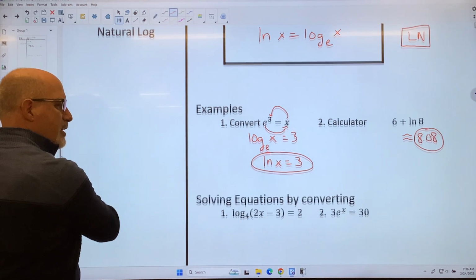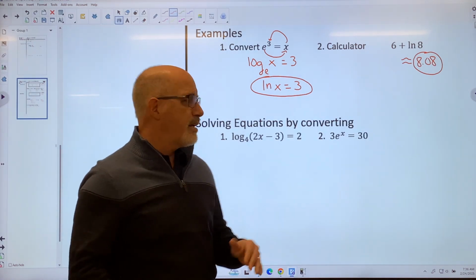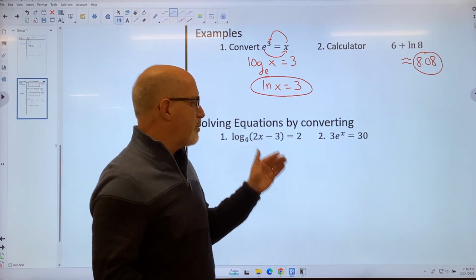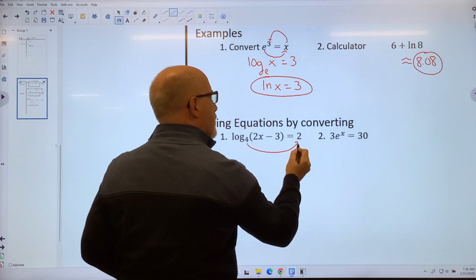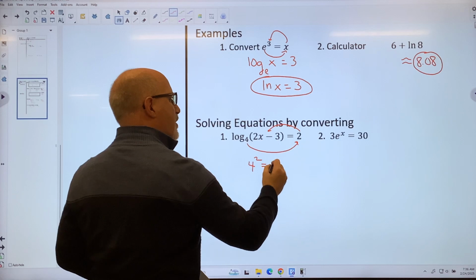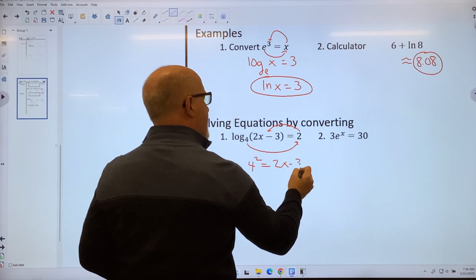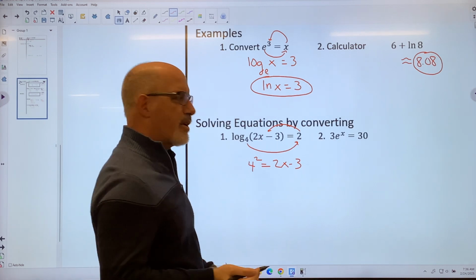Let's solve some equations using these by converting. Okay, so we're going to convert this one to an exponential, and so when we do this one, we do our circle tour. So we can go 4 squared is equal to the inside part, 2x minus 3. Okay, so just a reminder, just a practice problem of converting this one.